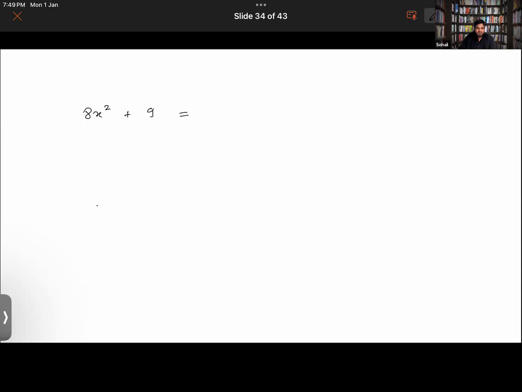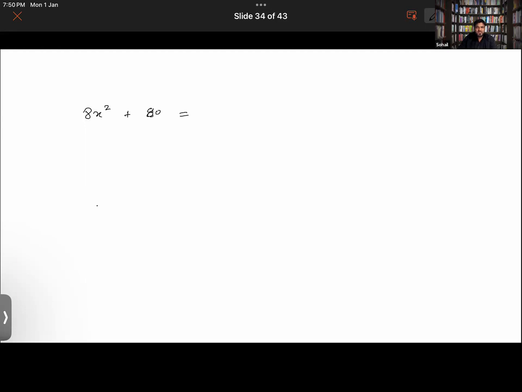Sir, we would... Let's change the value. Let's say I am taking 80. 8x square plus 80. ठीक है, ये given एक algebraic expression है. So you have to tell me its factorization. Yes, this is a very basic thing.